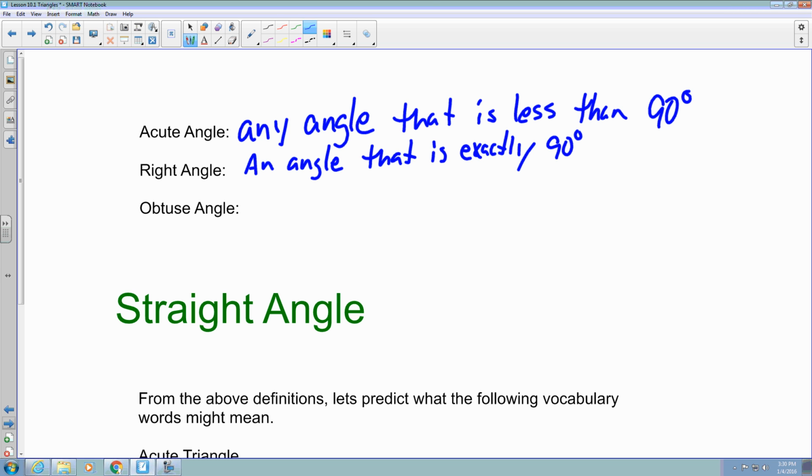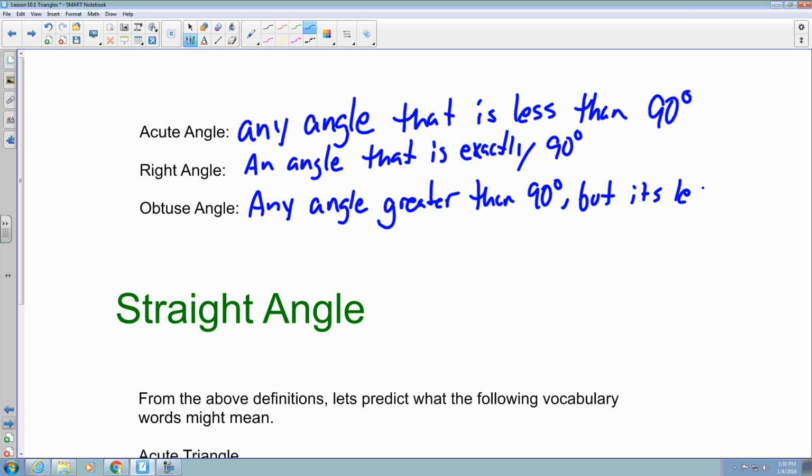An obtuse angle is any angle greater than 90 degrees but less than 180. So anything that's 91 degrees up to 179 degrees, anything in that range would be considered an obtuse angle.